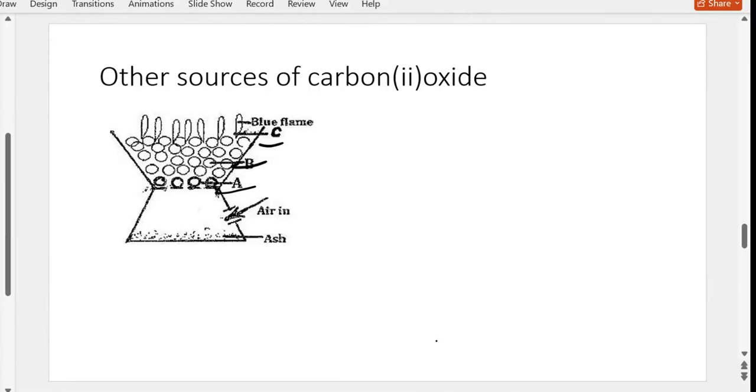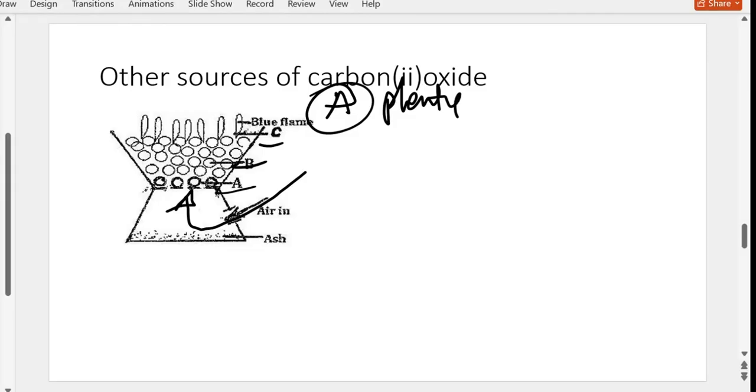At region A, there is plenty of air that enters the Jiko. Remember, this is air, so it starts from that point at region A. So at A, if there is plenty of air, it means there is complete combustion.